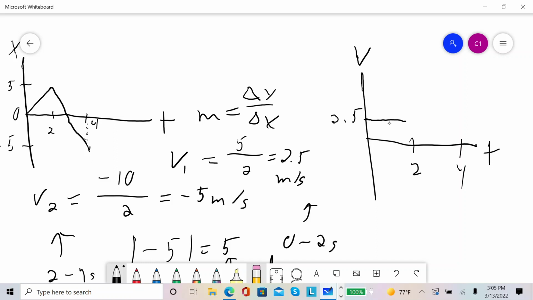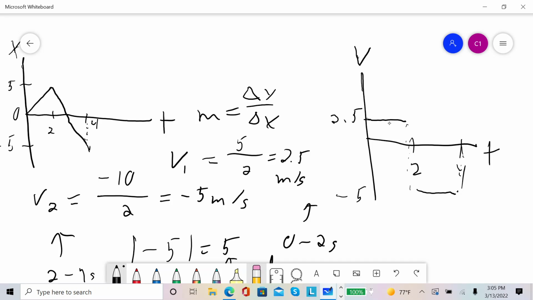But then from 2 to 4, it was at -5, because this is velocity. And we'll just do this. All right, so that's how it looked. And again, velocity is going to be a straight line because it doesn't change except for this one point at t equals 2. So it's just going to be a straight horizontal line.